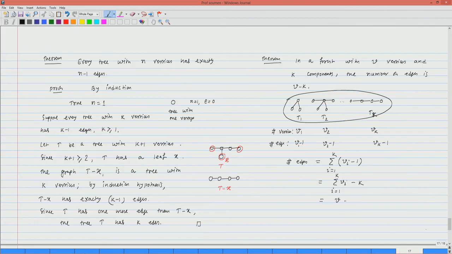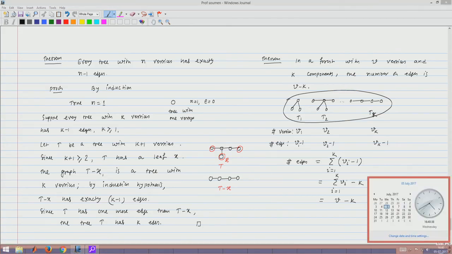So, this is V minus k. Of course, I am using the previous theorem to claim that a tree with V1 vertices has V1 minus 1 edges, so this theorem follows from the previous theorem. So, we have proved that the number of edges in this forest is V minus k.